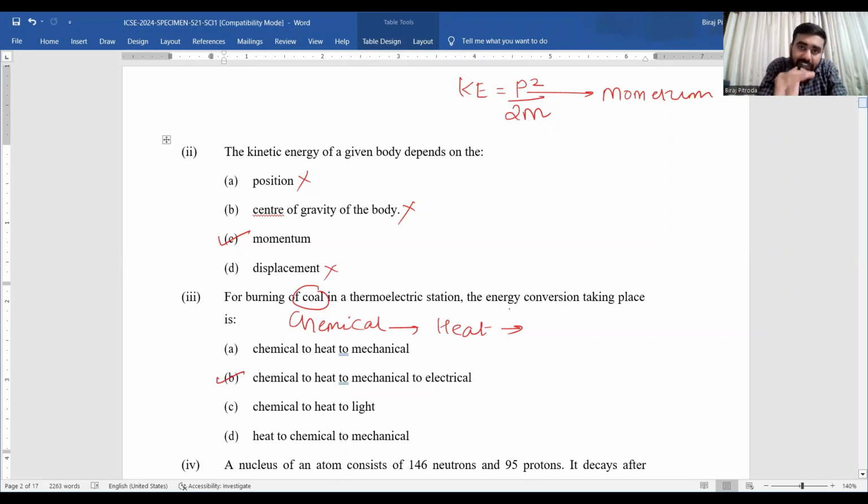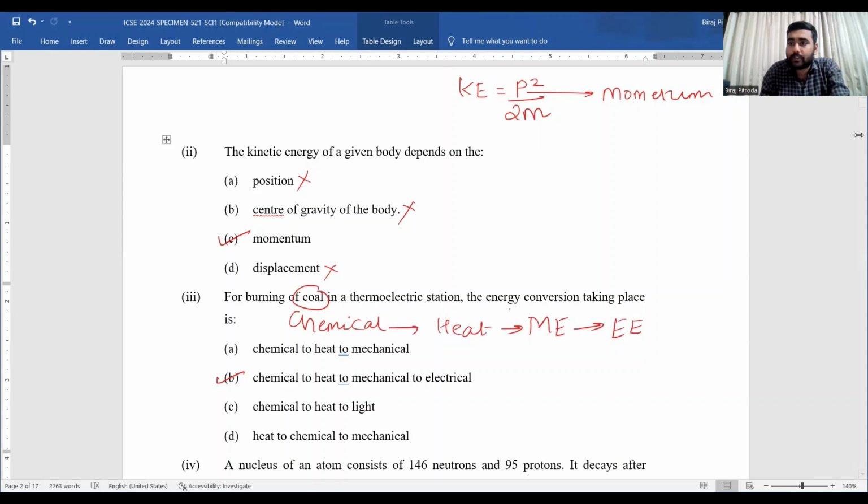When that water is converted into steam, that steam will be given to the generators, which have mechanical energy in them. And from the generator, that mechanical energy will finally get converted into electrical energy. That is your option B, which is chemical to heat, heat to mechanical, and mechanical to electrical.